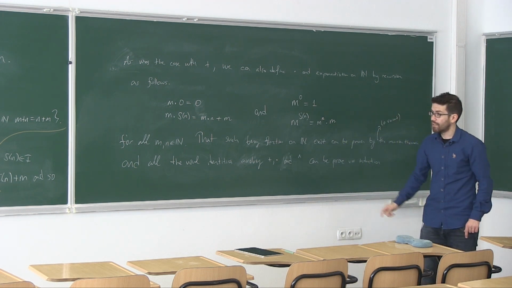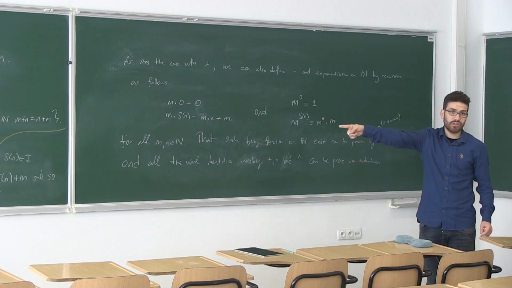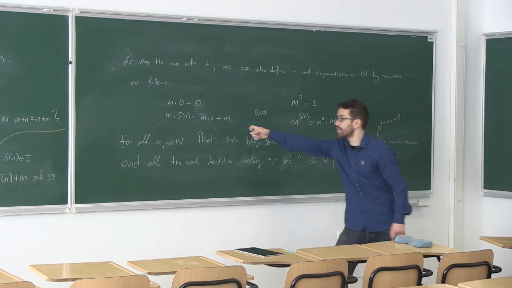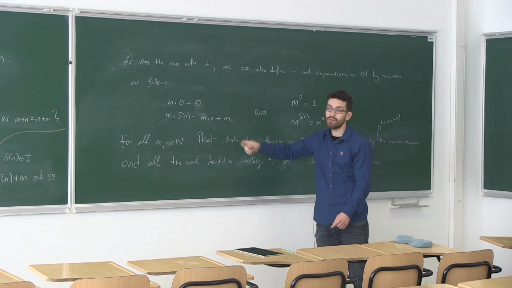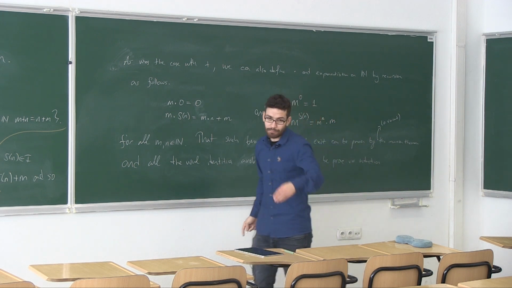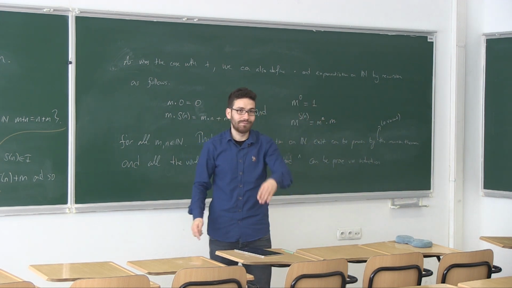Okay? I already told you about this, like we proved that addition is commutative. If you want to prove that, I don't know, this is distributive over addition or this is associative, prove those by induction. I'm not going to do that. You'll probably do one of those in your exam.